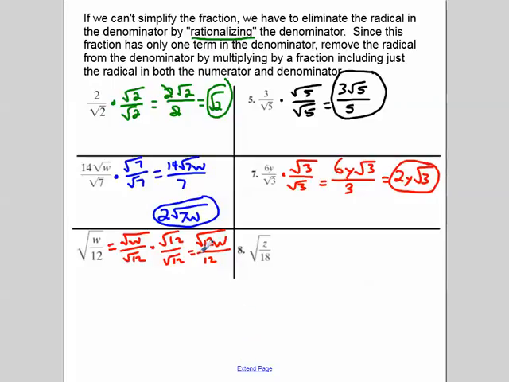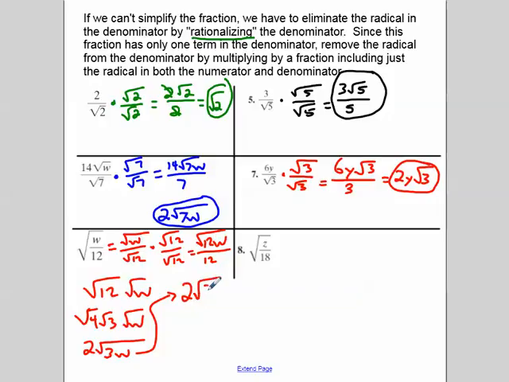I'm going to extend my page, get some more room. I've got square root 12 square root w as my numerator. I'm going to simplify my numerator here and then put it over the denominator. Square root 12 is square root 4 times square root 3. Square root w is square root w. I've got 2 square root 3w. That square root 12w became my numerator of 2 square root 3w over 12, or simplified to square root 3w over 6.